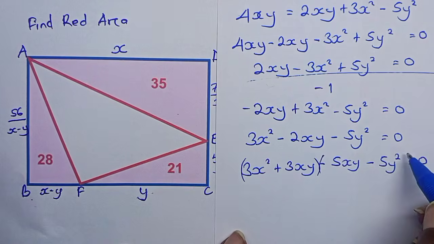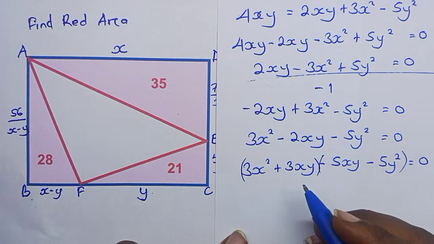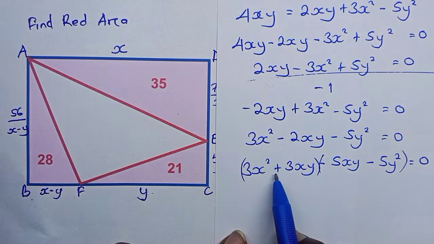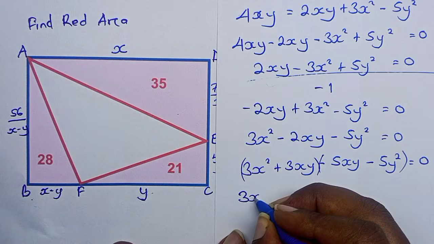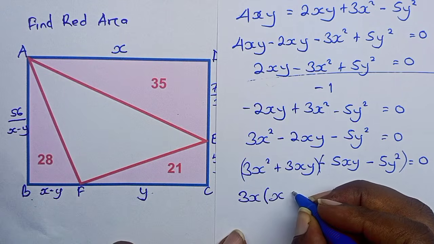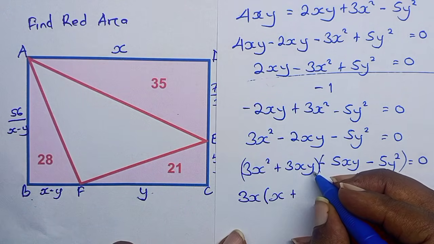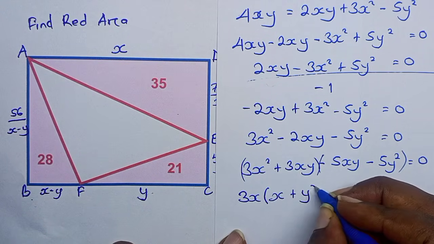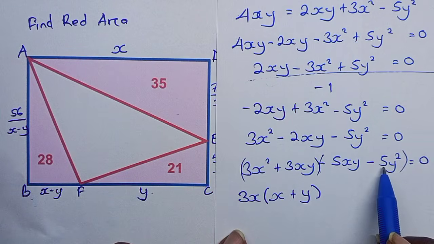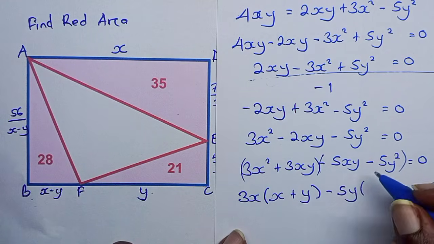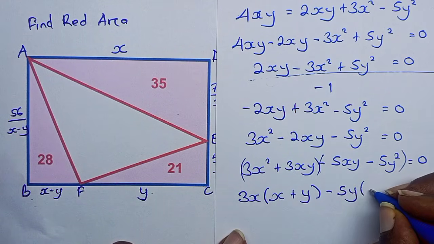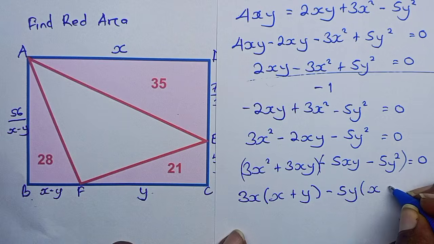For this first one, we can see that 3x is common, so we factor it out. We shall have 3x into x plus y. Then here negative 5y comes out, so minus 5y into x plus y.